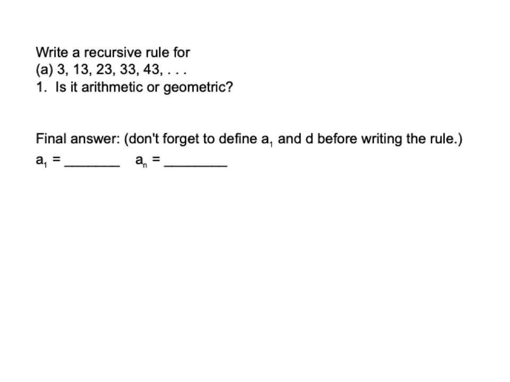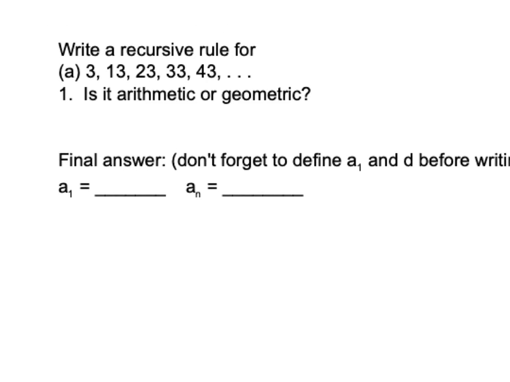So it wants us to actually practice writing a recursive rule, and the first thing we need to know is which rule we're going to write. Is it arithmetic or is it geometric? Well, in this case, our d, we are adding 10 each time, so this is arithmetic, so we're going to use that rule for an arithmetic sequence. First thing we do is define our first term, a sub 1. In this case, a sub 1 is 3 because you can look at the sequence and tell.